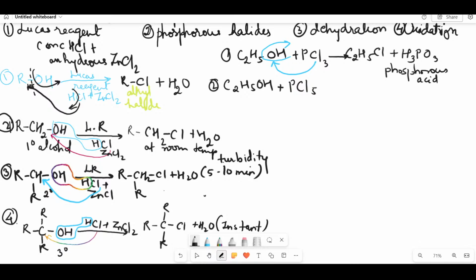So let us do the reaction here. The same case is repeated. OH group leaves. The chlorine gets linked over here. Only difference here, now let us see what is the difference here.